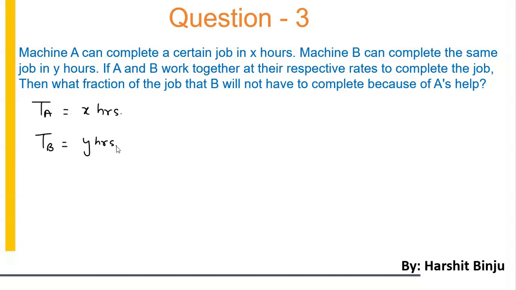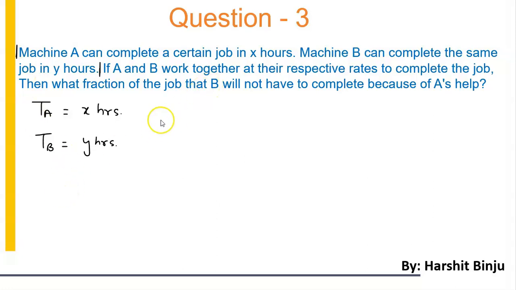Okay, now first things first, let's say you have read this question up till this point. So what are you supposed to do? Mostly what people do is they take the total work to be 1, and they say, all right, rate of A is 1 by X, rate of B is 1 by Y, and then they start solving the question. I have an alternate way of solving this.